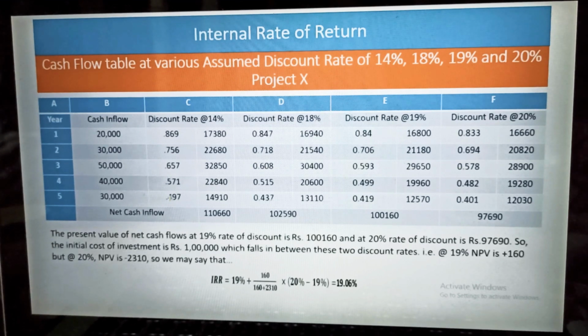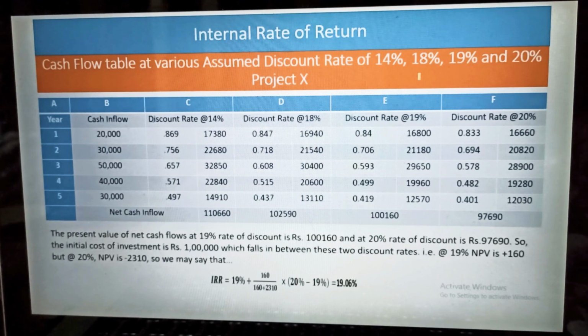Since we do not know anything, in this case I have taken the same question, but for project Y and project X, I have taken 14%, 18%, 19% and 20%, because I believe that in these percentages our value will be equal to the net present value. And this technique we are using through hit and trial.